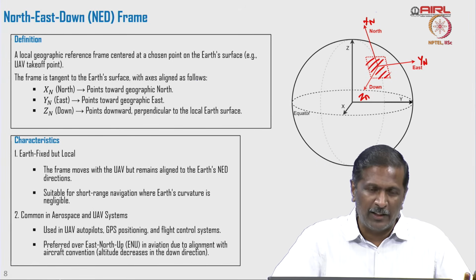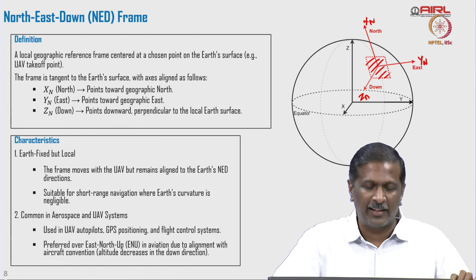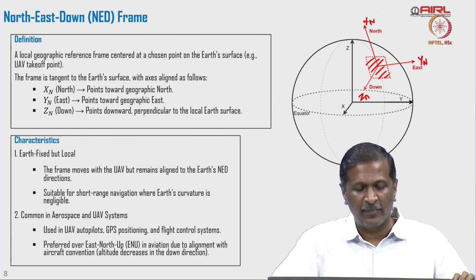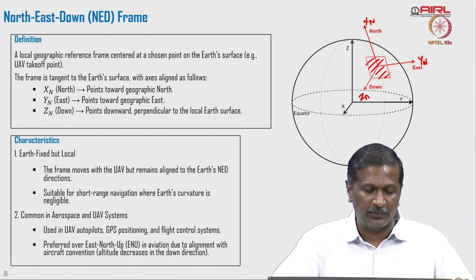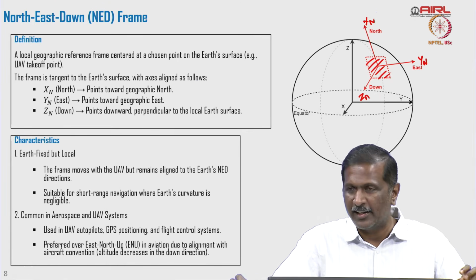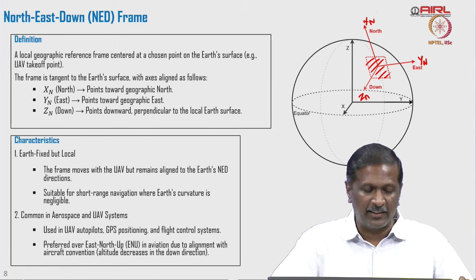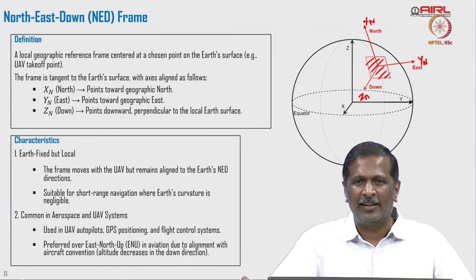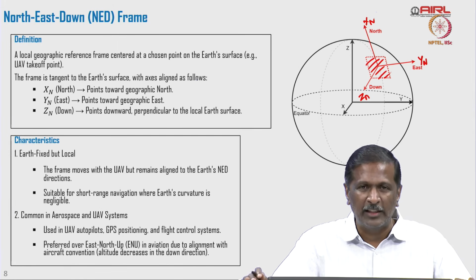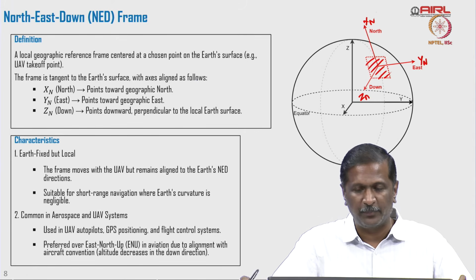This NED coordinate frame is also earth fixed, but it is local. The frame moves with the UAV, but remains aligned to the earth NED directions. It is suitable for short range navigation where earth curvature is negligible. Similar to the ENU frame, we also ignore the curvature aspect here.